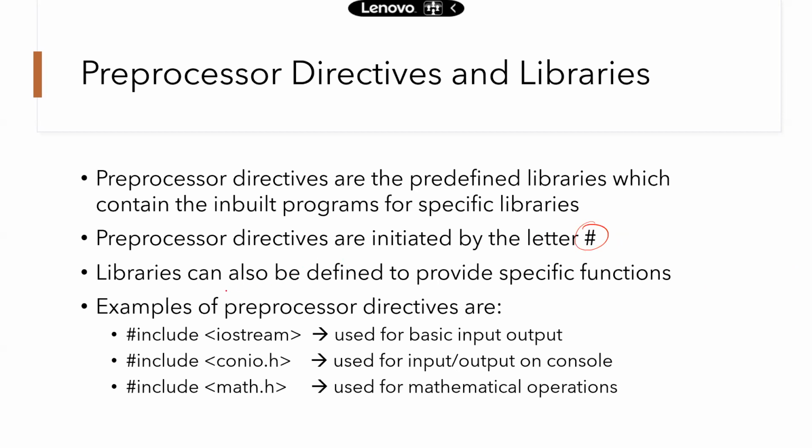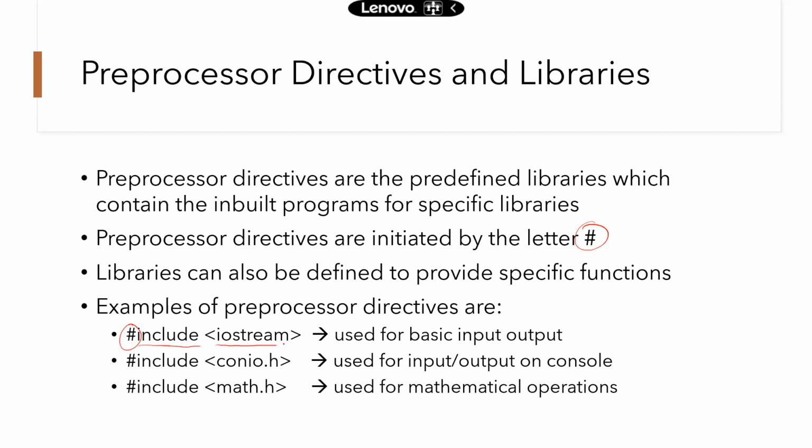And the libraries can also be defined to provide specific functions. Now, one of the examples of the preprocessor directives is include iostream. We can see that we have put a hash here, and we have written the keyword include. And then within the less than and greater than signs, we have written iostream.